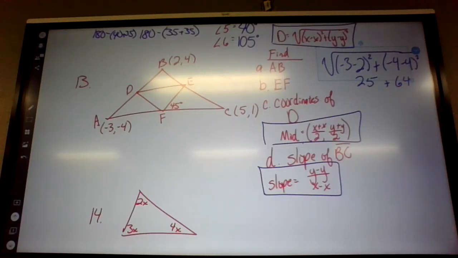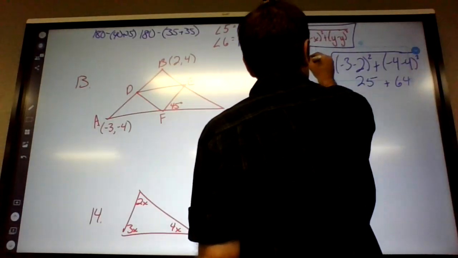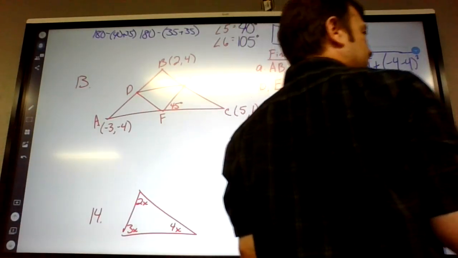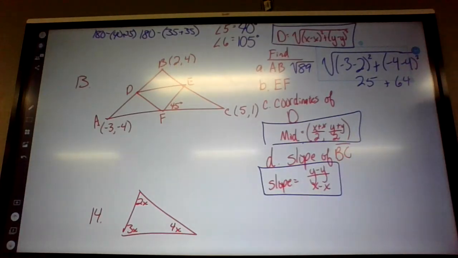I bet the one on the test comes out nicely, but this is like square root of 89. I just made all the numbers up, so maybe the one on the test doesn't come out nicely. If you put a decimal right there, it's probably okay, I guess.